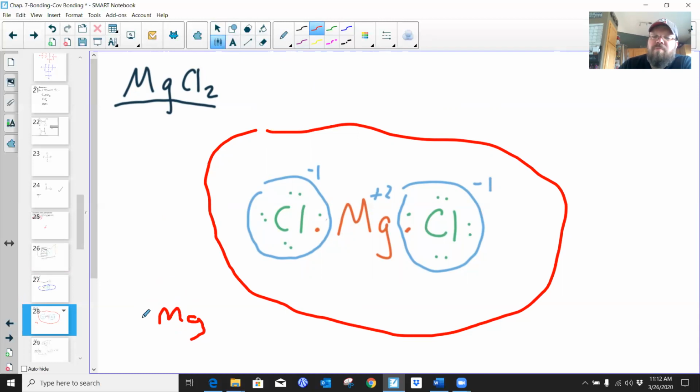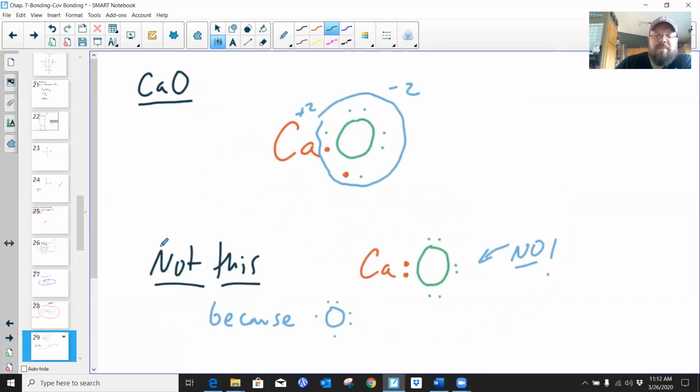Magnesium is in group 2, and this is out of the textbook. Magnesium has 2 valence electrons. We always distribute them side by side on opposite sides of one another. So when the chlorines join the party and strip those electrons, they are going to be on each side. When you write these, you don't want to write magnesium and then chloride and then chloride in a row. That's wrong.